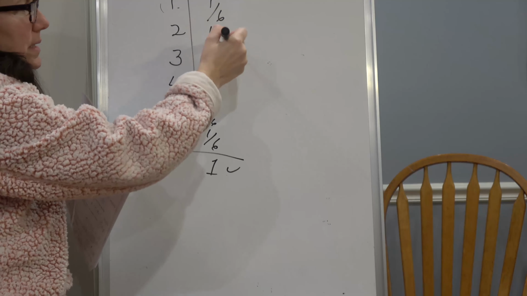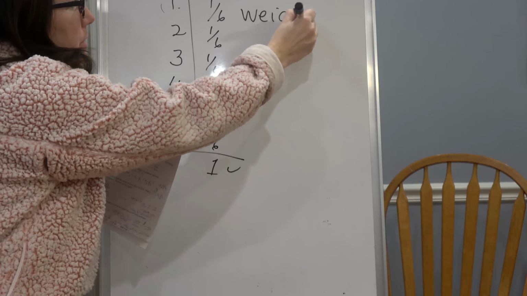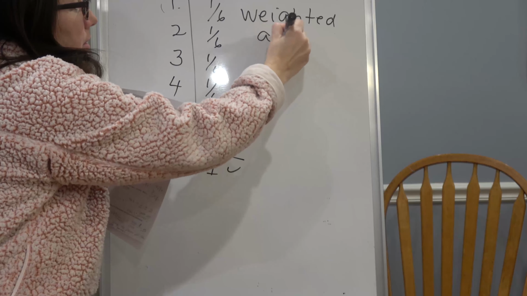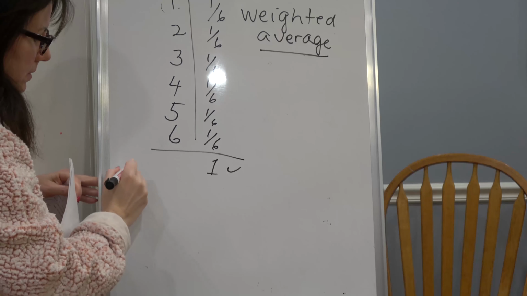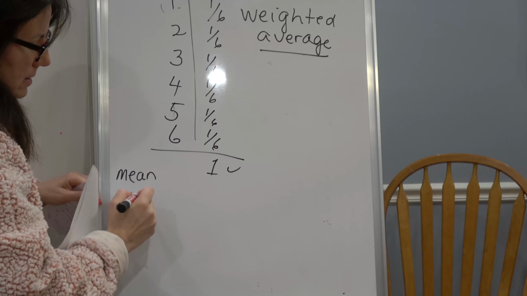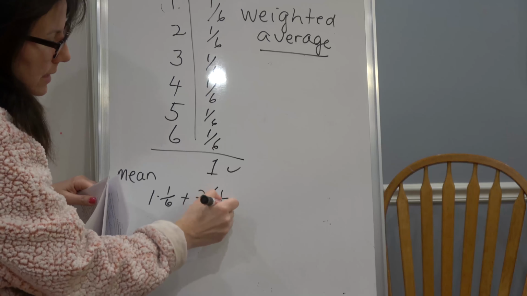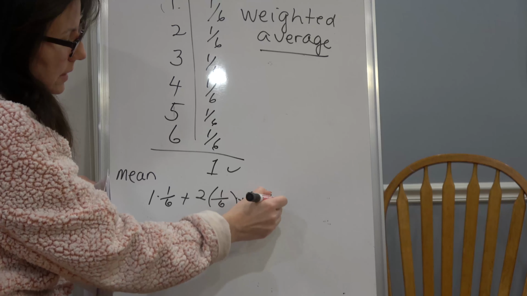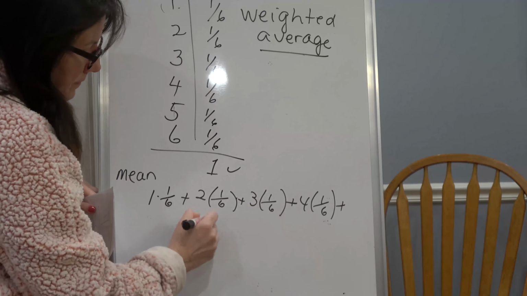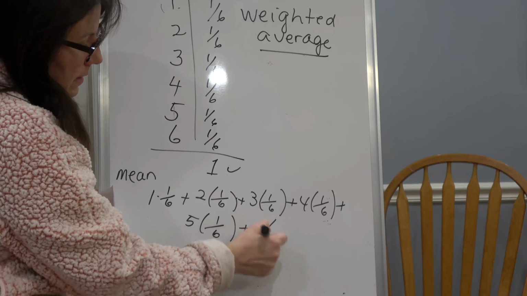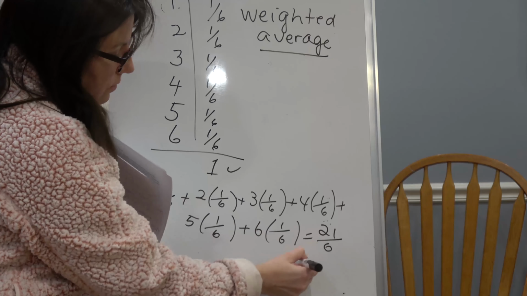So the mean, think of it like a weighted average, would be 1 times 1/6 plus 2 times 1/6 plus 3 times 1/6 and so on. And that was equal to 21/6 or 3.5.